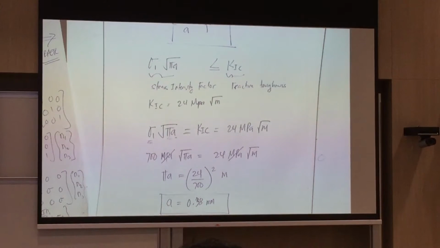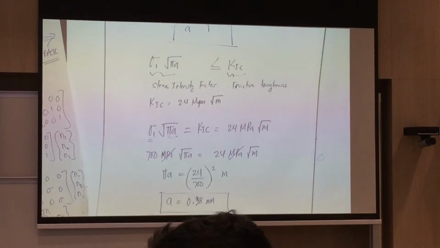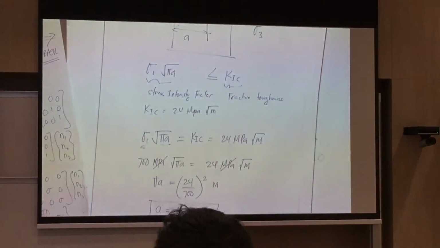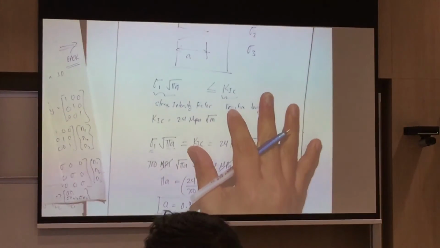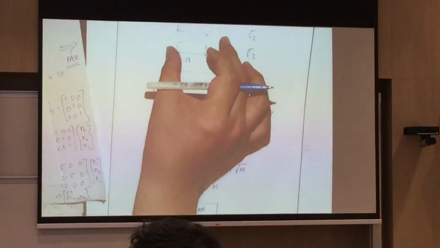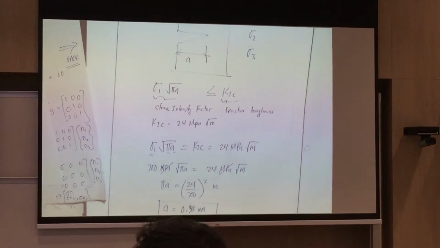If you have this length of a crack, any size larger than this one will cause this crack to grow further. If it's smaller than this one, that's fine, it's not going to grow. But any length longer than this one, then it's really going to grow.